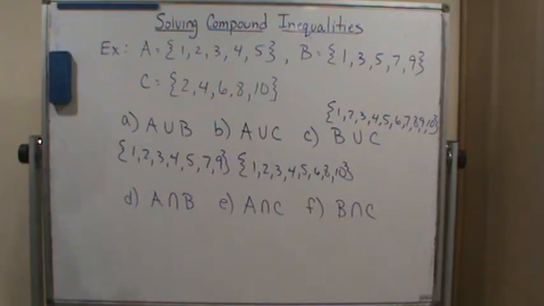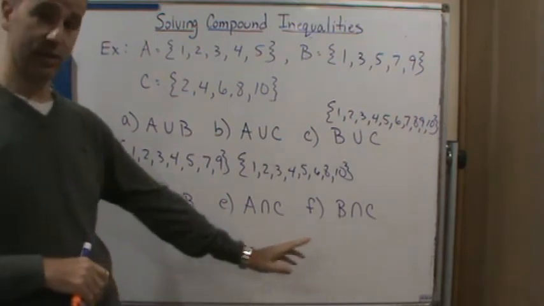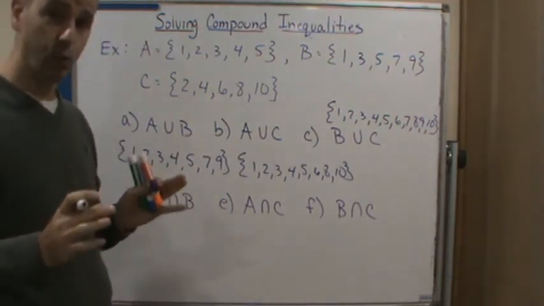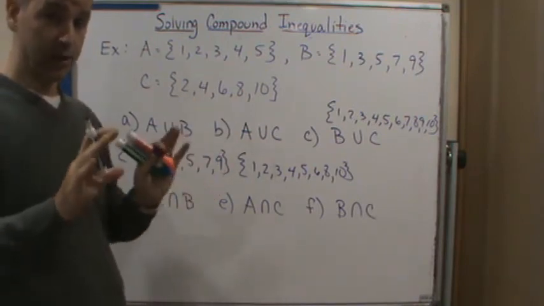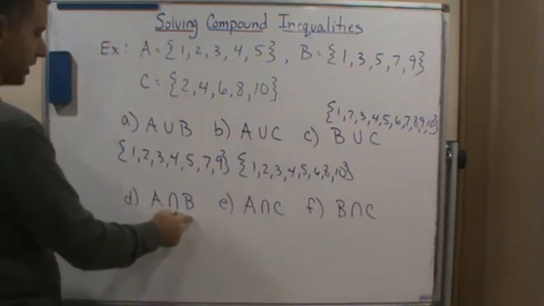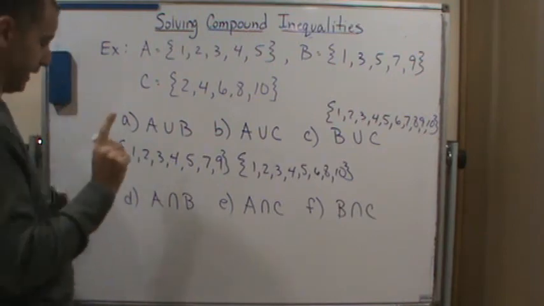Now, what about the intersection? Now we're going to do the same thing, but we're going to take the intersection of these. So intersection means I only want what's in both. That's it. I just want what's in both sets. So if I say A intersect B, I only want the elements that show up in both sets.